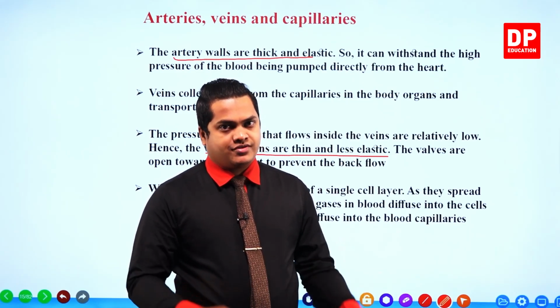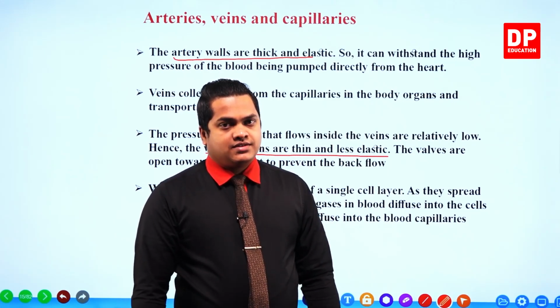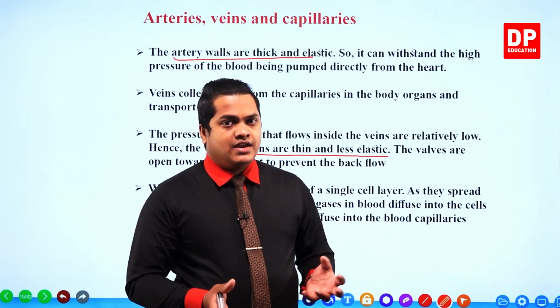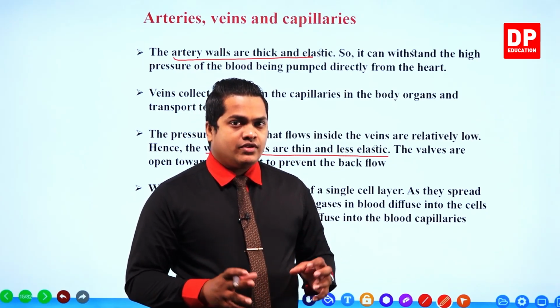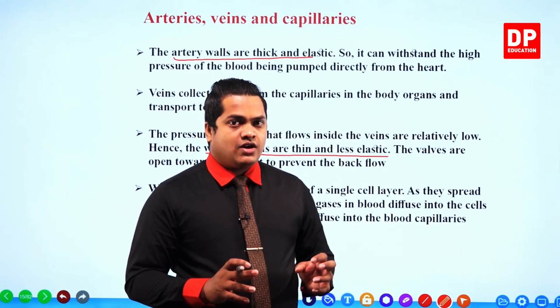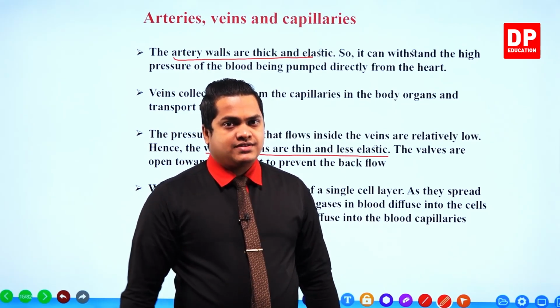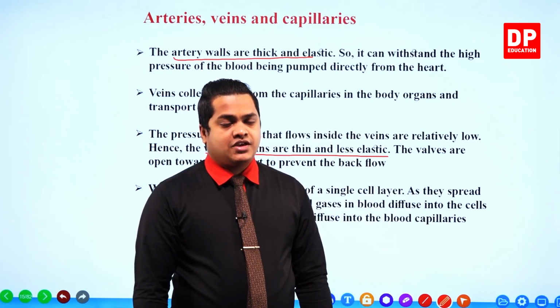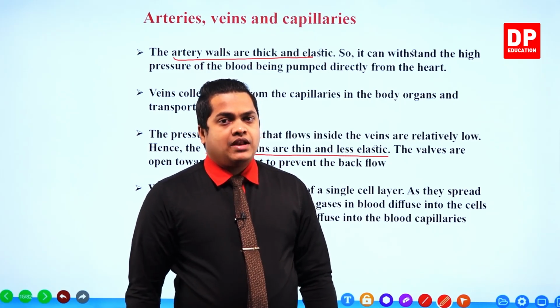There is an exchange of particles. Cells give out waste materials to the blood, and the capillaries give oxygen and the nutrients necessary for the cells. The exchange is going to happen like that.